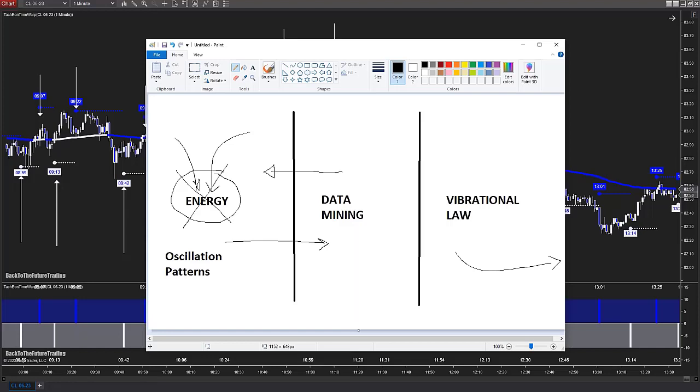Because most of you use lagging indicators that tell you something is happening right now, or this is what's been happening over the last 5, 10, 15 bars. That's not trading. We all know what happened 5 bars ago. We all know what the market delta was, what the order flow was, what the volume is. We can all see it. Trading is about where will the price be in the future.